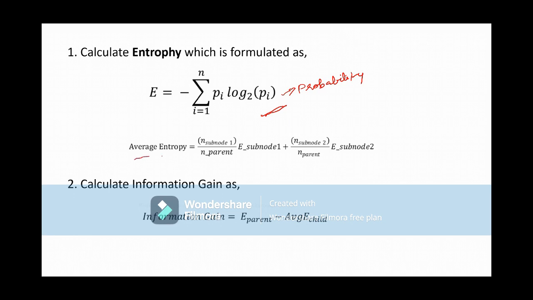The average entropy can be calculated using this formula, and the information gain can be calculated using this formula, that is, entropy of the parent minus average entropy of the children. So to construct a decision tree, first we have to calculate the overall entropy for the given dataset.